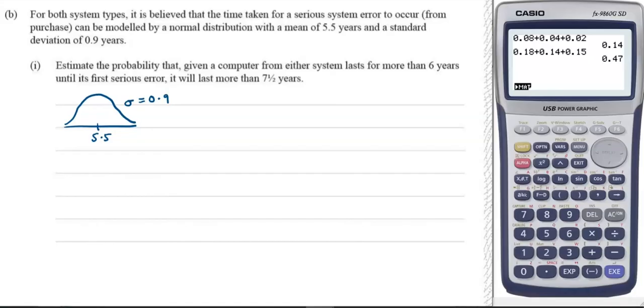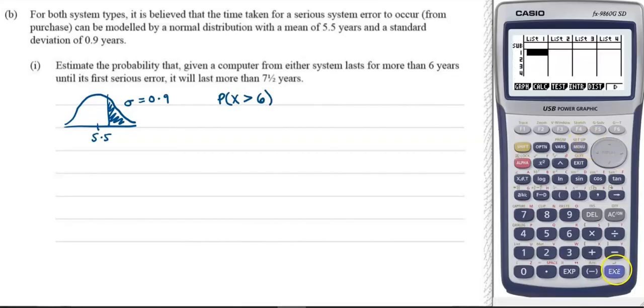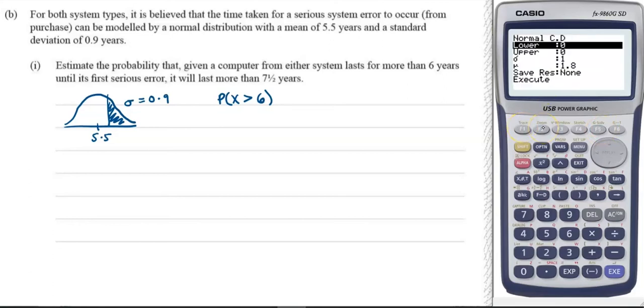We want, first of all, the chance it lasts for more than 6 years. So here's 6, we want more than 6. So the probability that x is more than 6 on this type of distribution, we'll go to our stats menu, distributions, normal, cumulative. Our lower is 6, our upper is just something very big, sigma is 0.9, and then the mean is 5.5.